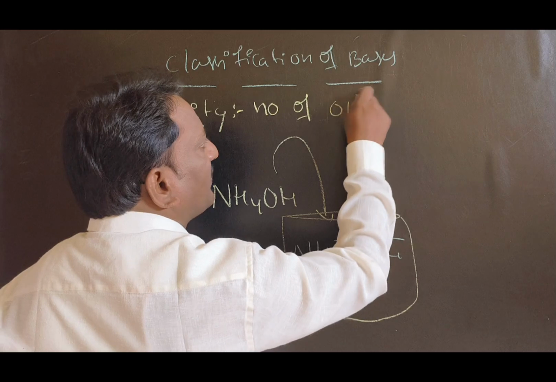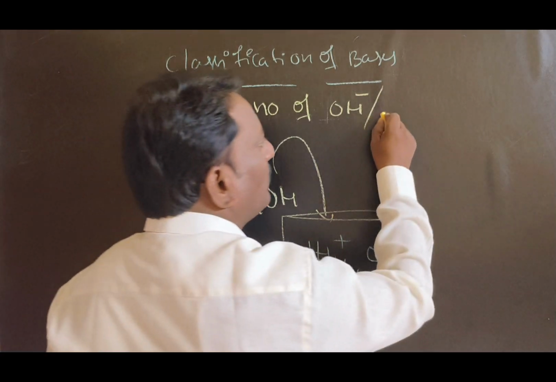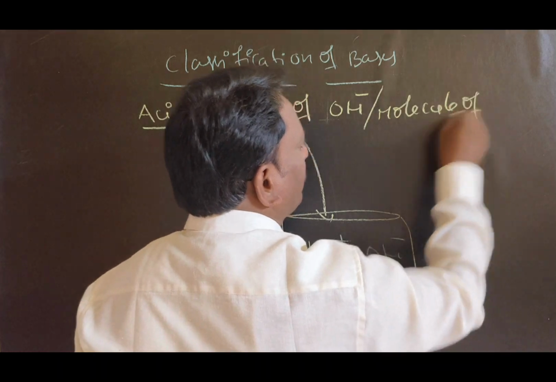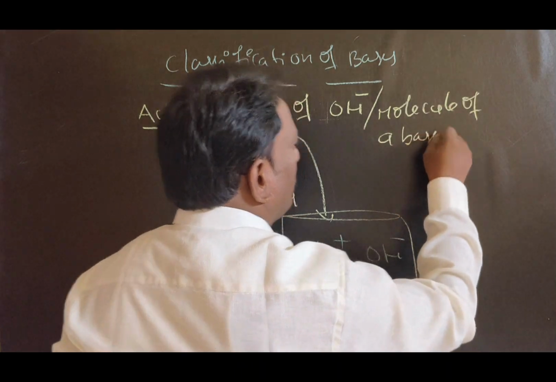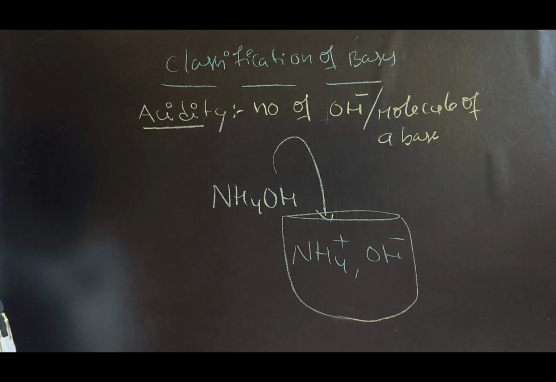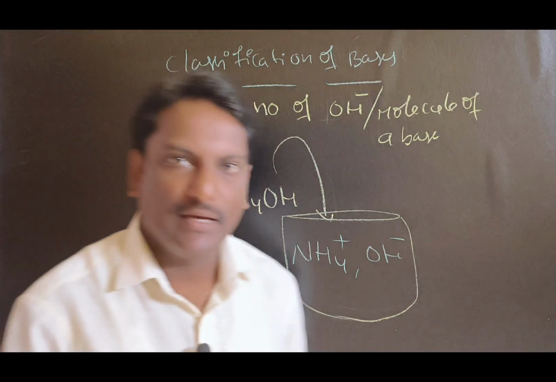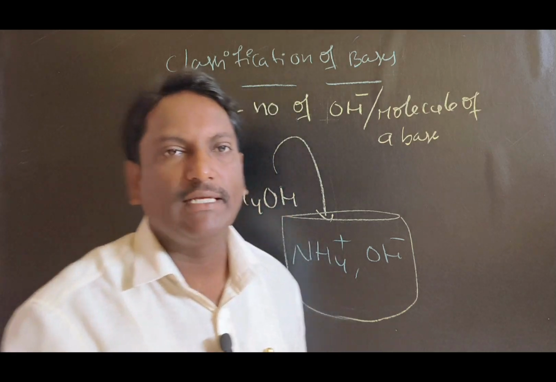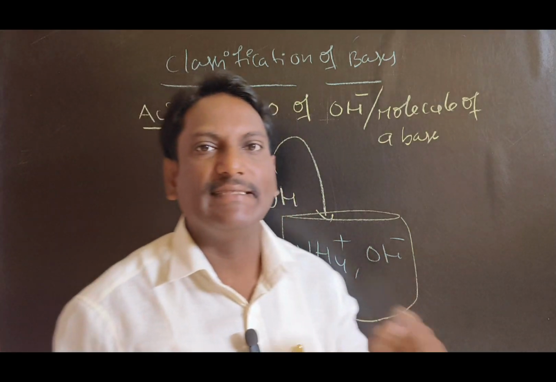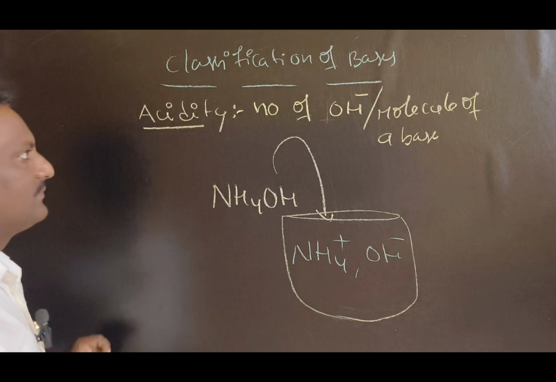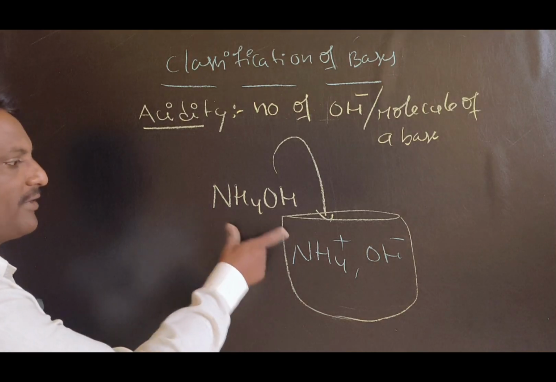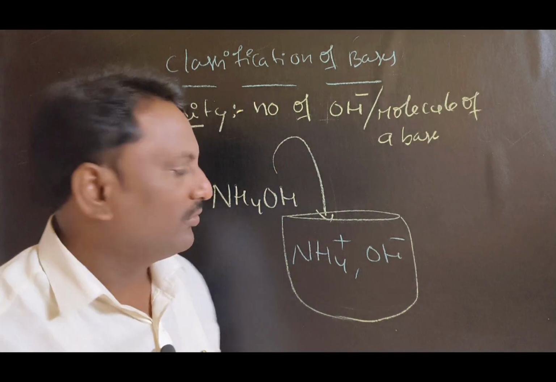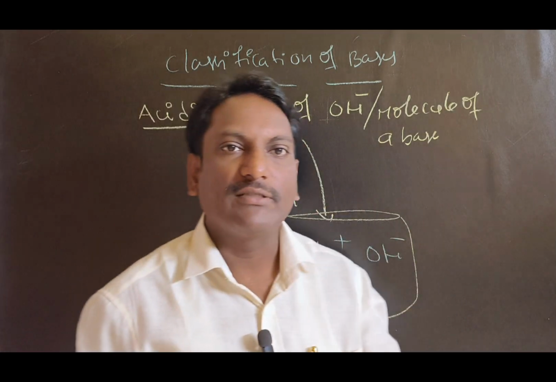Here, ammonium hydroxide is ready to produce only one OH minus ion per molecule. So, the acidity of ammonium hydroxide is 1.